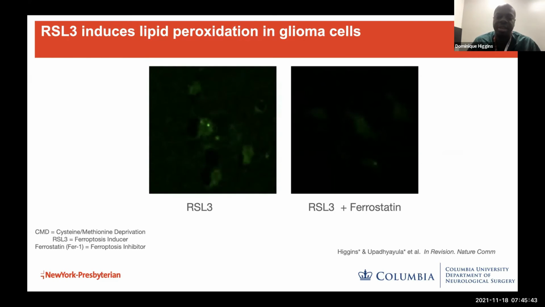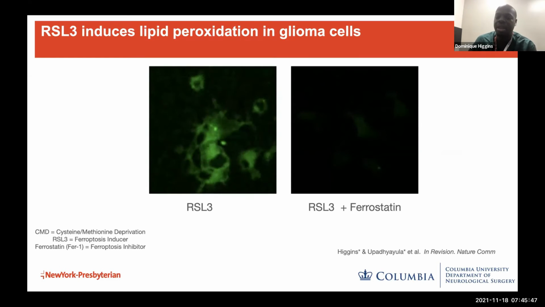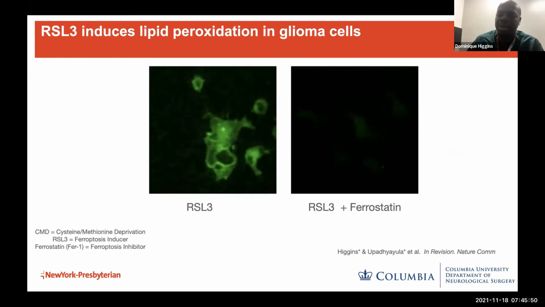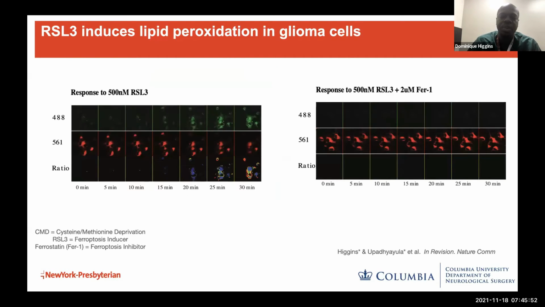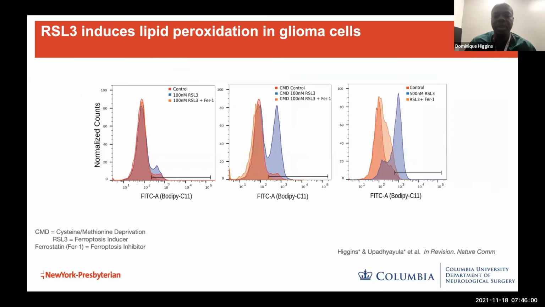And on the right, the same conditions, but adding the ferroptosis inhibitor, you don't see that uptick in the green, suggesting that the ferroptosis is being inhibited. And this is just a time lapse of that, showing over the 30 minutes the occurrence of the cell death and the lipid peroxidation.